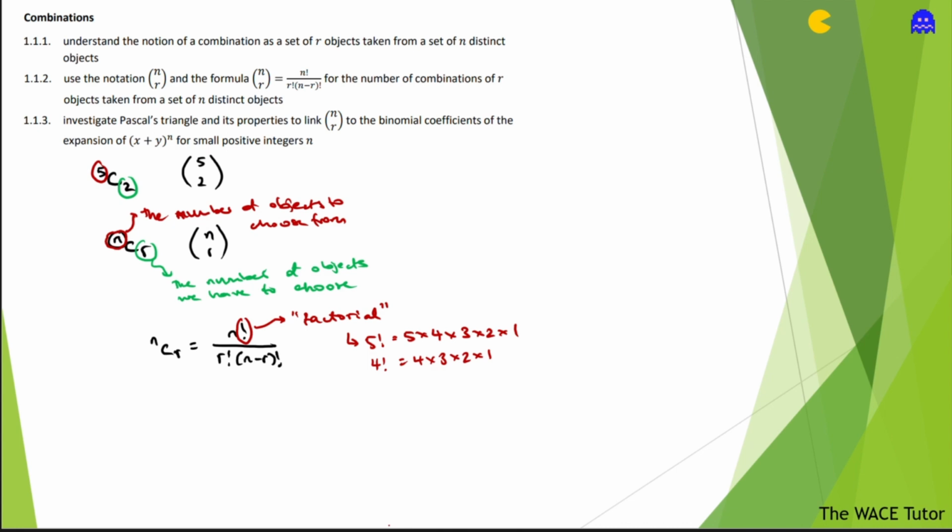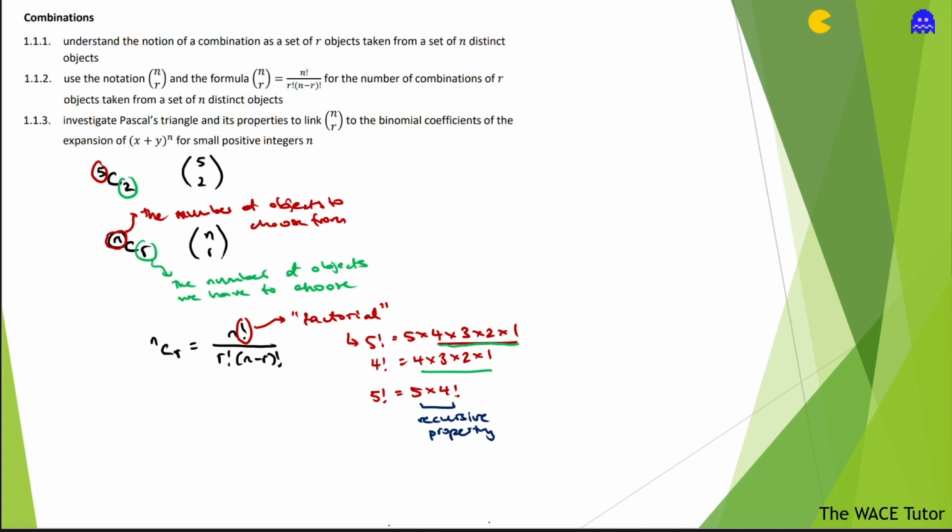You'll notice that these numbers are the same as these numbers. So we can write 5 factorial as 5 times 4 factorial. This here is referred to as the recursive property of factorials.